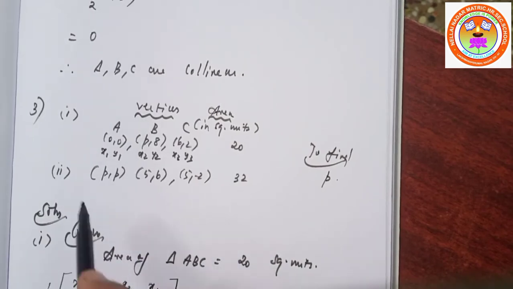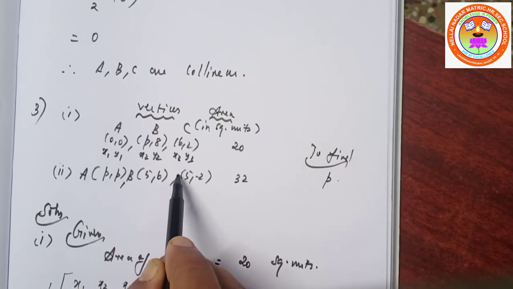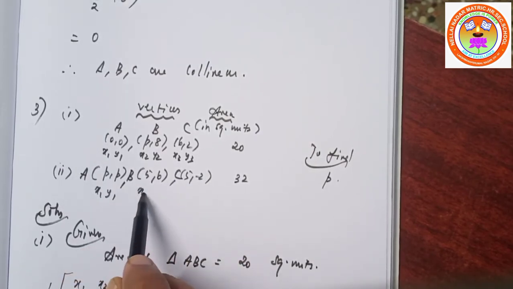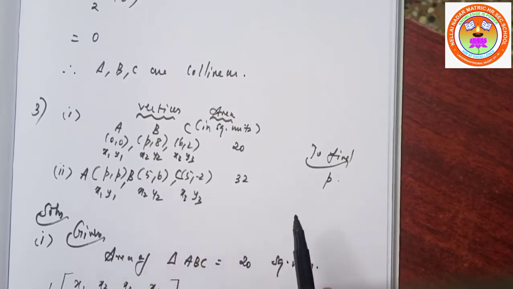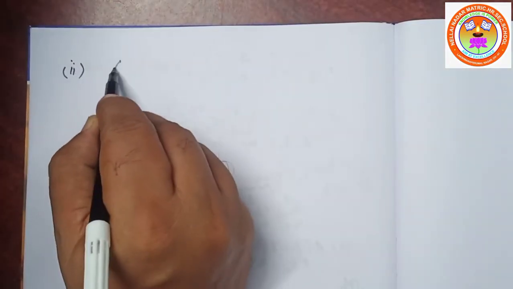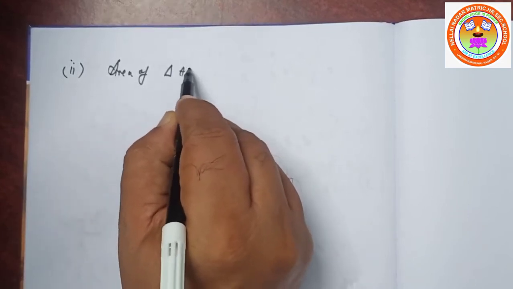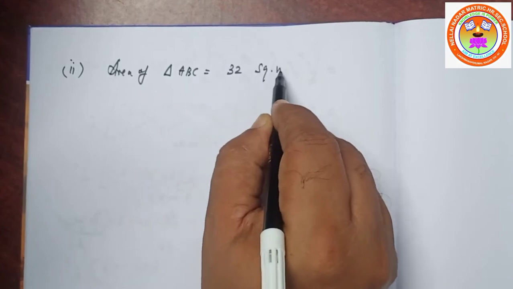For subdivision number 2, I consider this is A, B, this one is C, this is x1, y1, x2, y2, x3, y3. Okay. For subdivision number 2, area of triangle ABC is equal to 32 square units.